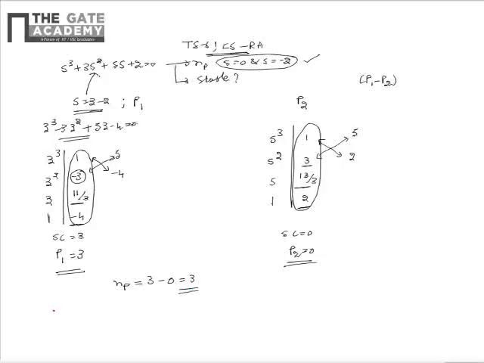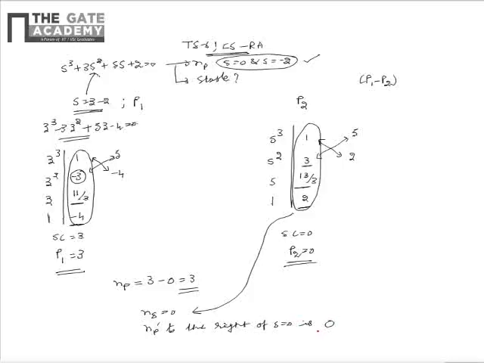So now we need to find if the system is stable. As the number of sign changes in the first column of the second Routh array is equal to 0, we see that the number of poles, that is np dash, to the right of s is equal to 0 is 0.